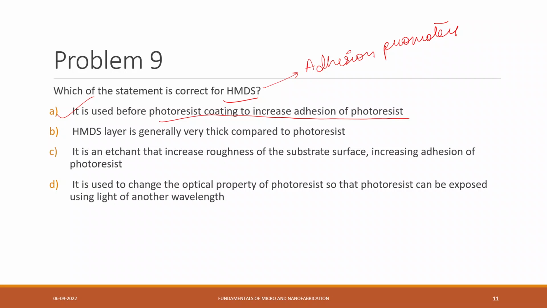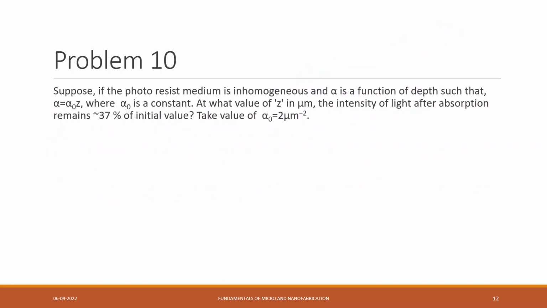Okay, the last one. Suppose the photoresist medium is inhomogeneous, and alpha is a function of depth, such that alpha equals alpha naught z, where alpha naught is a constant. At what value of z in micrometers does the intensity of light after absorption remain 37% of the initial value?